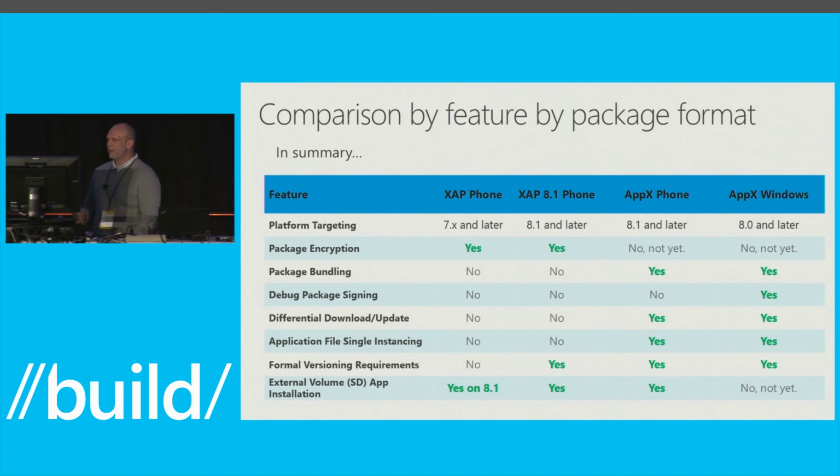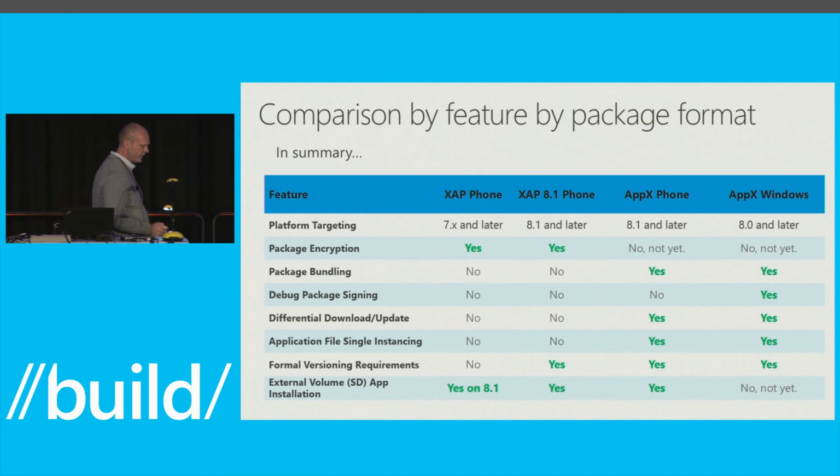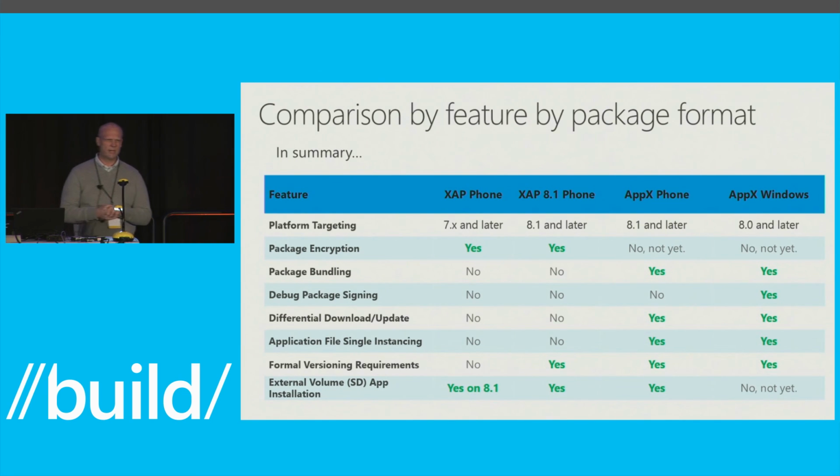Formal versioning requirements, we kind of glossed over this, but there's one thing to watch out for as you're going through the 8.1. If you've been developing for Phone, the versioning mechanic was really a version number for you as the developer. With 8.1, the versioning scheme is formal now. That means for every update, it needs to be incremented.